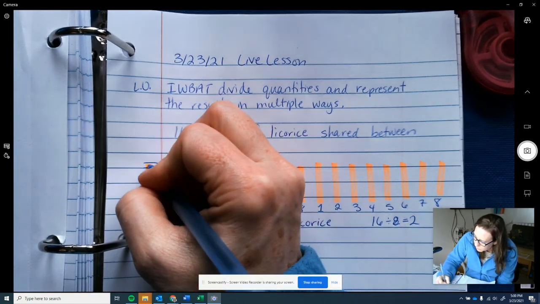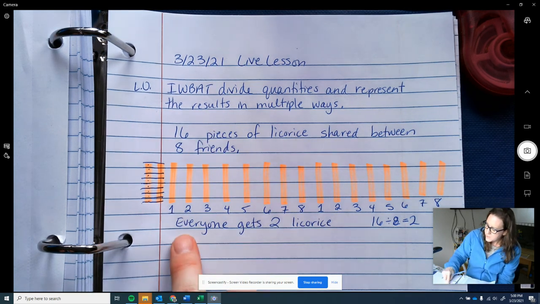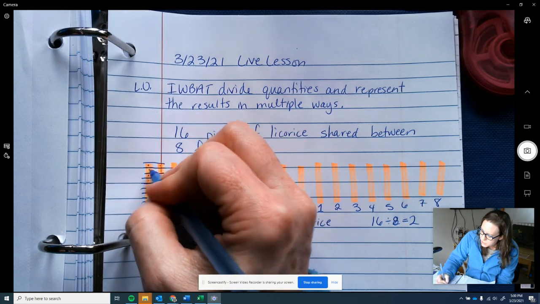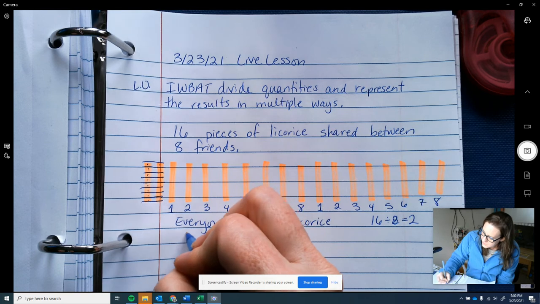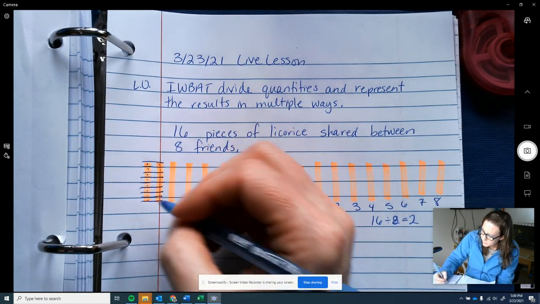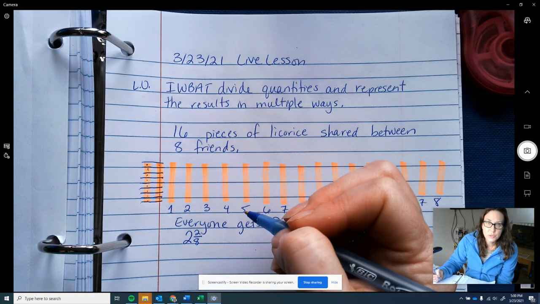So I'm going to double check. 1, 2, 3, 4, 5, 6, 7, 8 pieces. So person one would get this piece and this piece. Person two would get those pieces. So everyone would get their 2 whole pieces, and they would get 2 of the 1/8 pieces.